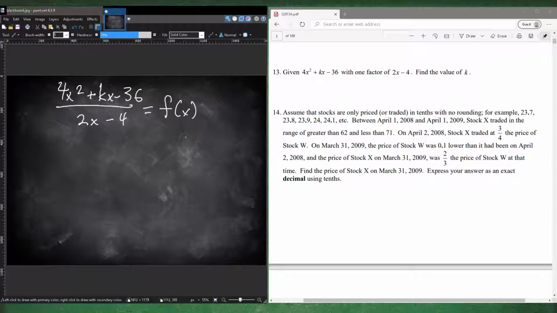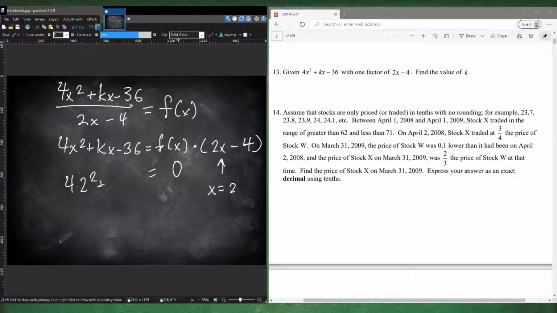So we could rewrite this as f of x times the 2x minus 4. Now if we plug in a value for x, let's say x is equal to 2, that's 4 minus 4, that's 0. So f of 2 times 0 is just 0. And then you plug in here, 4 times 2 squared plus k times 2 minus 36 should equal 0.